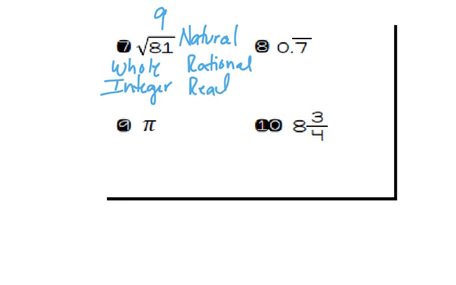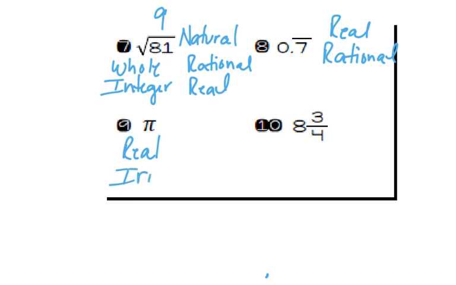All right, number 8, 0.7 repeating. Now, since it repeats, that's going to make it rational. So this is real and rational. Number 9 is pi. We talked about that in our examples. So 9 is a real number, and it's irrational.